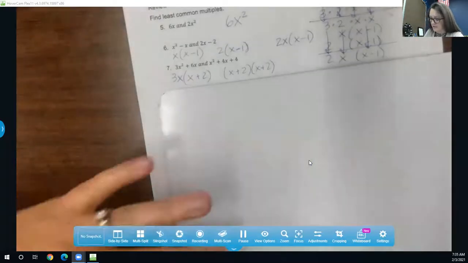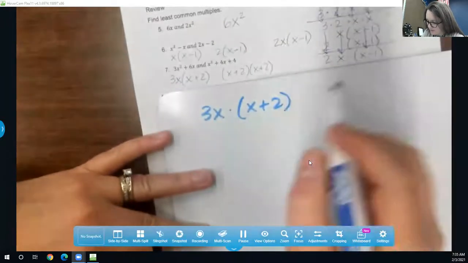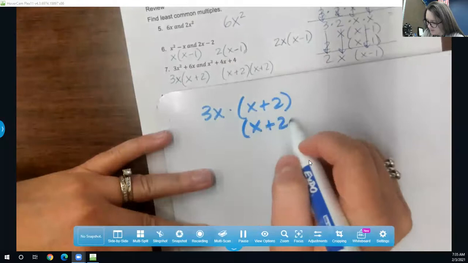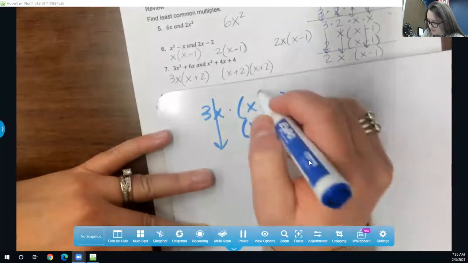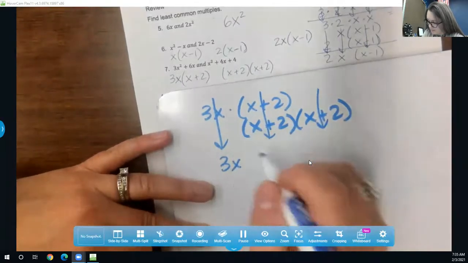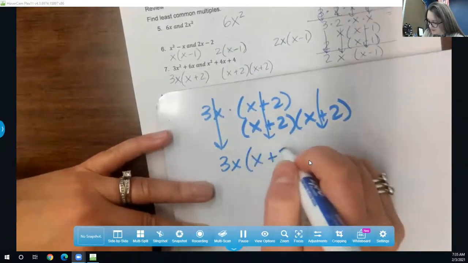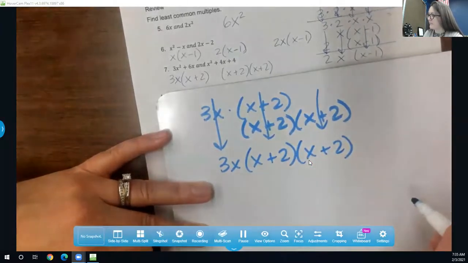I'm just going to continue our work here. If I say that this is 3x times x plus 2, and then the next one is x plus 2 and x plus 2, remember I'm going to take everything down, right? So my least common multiple is 3x, x plus 2, and x plus 2, all right?